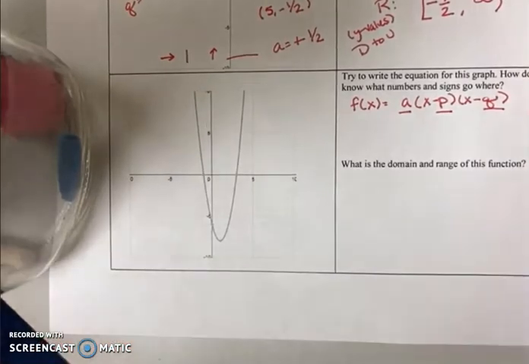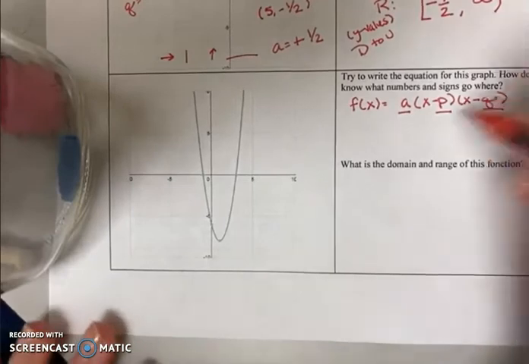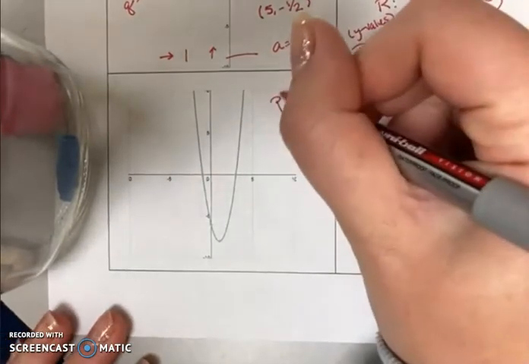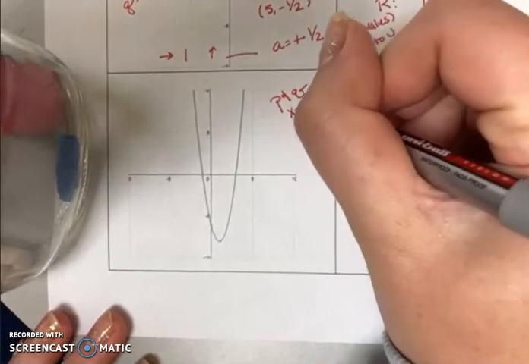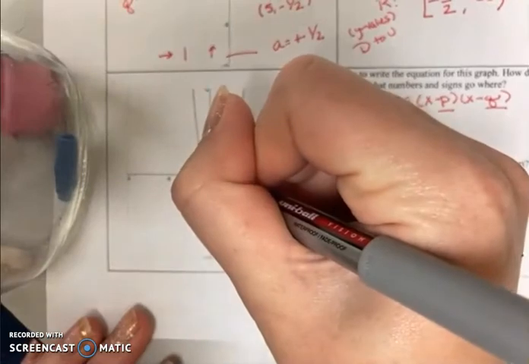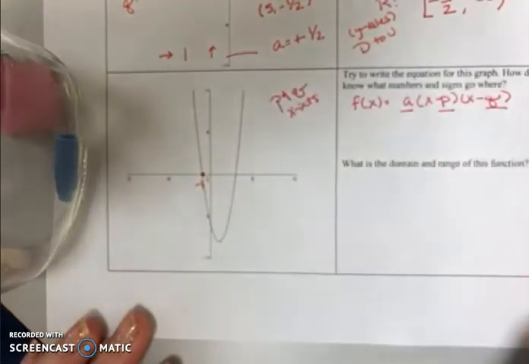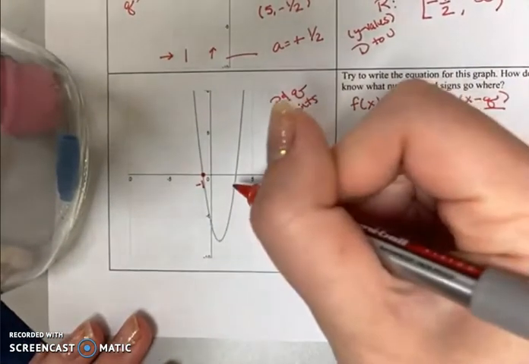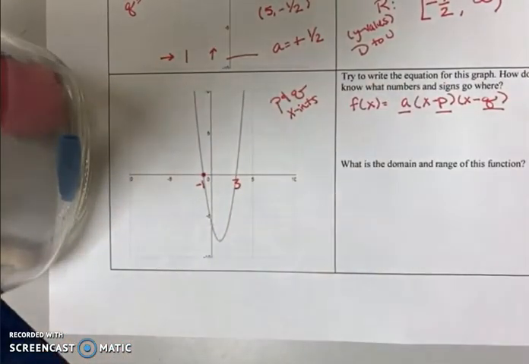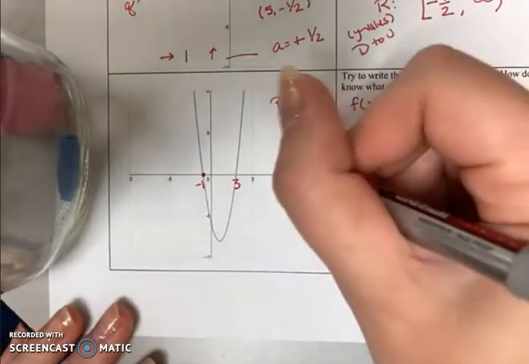Remember, we found out in the first example that p and q are the x-intercepts. I'm going to write that p and q are the x-intercepts. Looking at this graph, I can see there's an x-intercept at -1 and also at +3. It doesn't matter which one you let be p and which one you let be q.